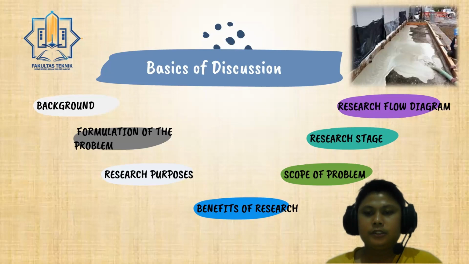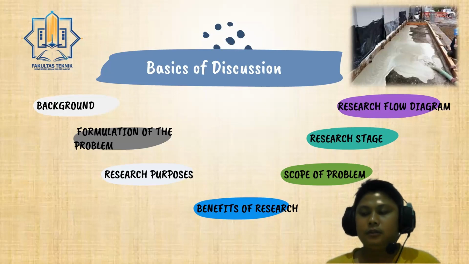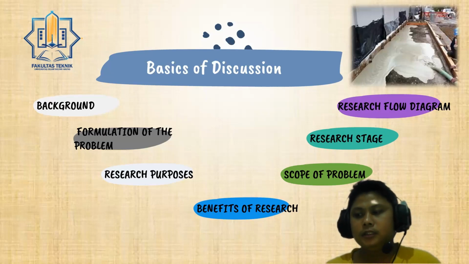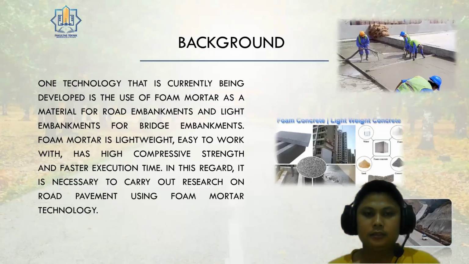We can explain the foam mortar is usually used for cable or embankment walls. This time we will make the foam into road pavement. I think this is interesting.